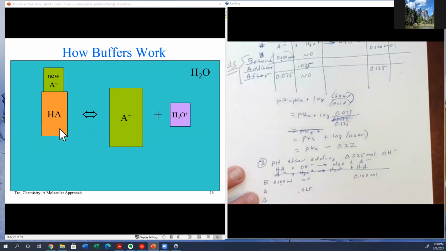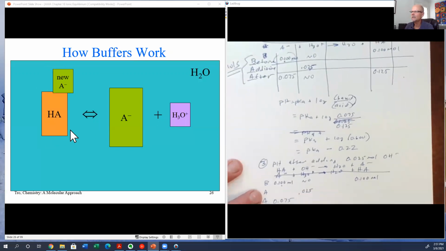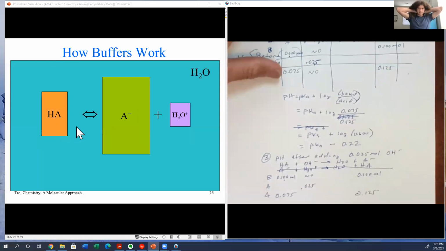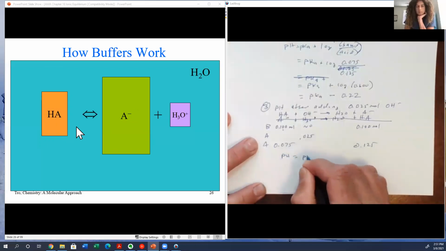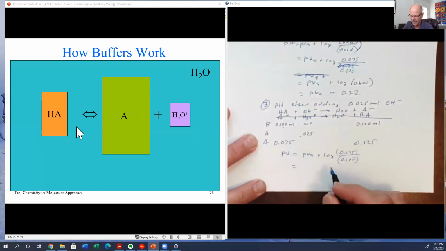It decreases to 0.075, and the amount of A minus increases to 0.125. All right, then pH is equal to pKa plus the log of, in this case, the base, 0.125, over the acid, 0.100, right?